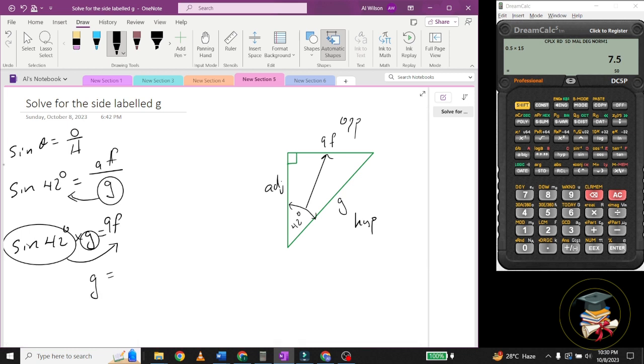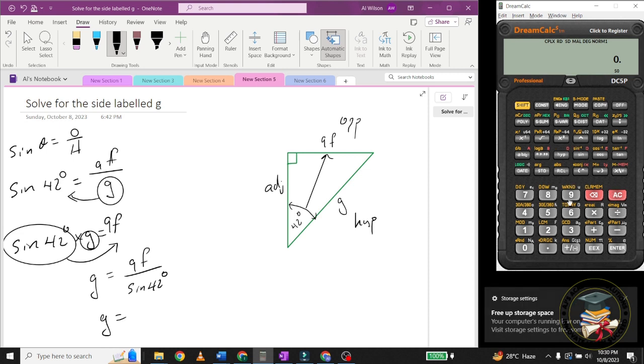So G is equal to 9 feet over sine of 42 degrees. Therefore G is equal to 9 divided by sine of 42, giving us 13.45. So this is 13.5 feet.